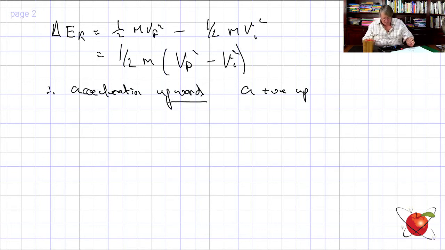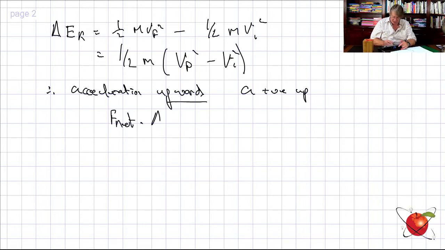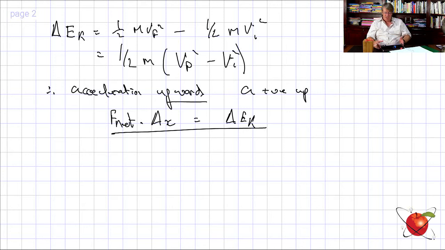And the work done is going to be equal to F net times delta x is equal to the change in EK. Right? We know that. Which means in this case, remember I had 100 up and 60 down. It means that my work done is going to be 40 times delta x, which must be equal to delta EK.